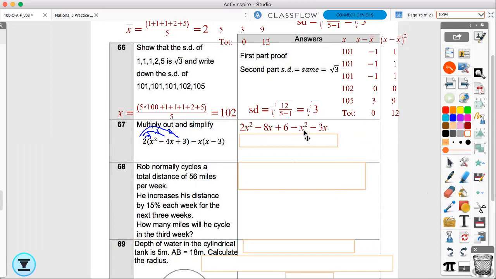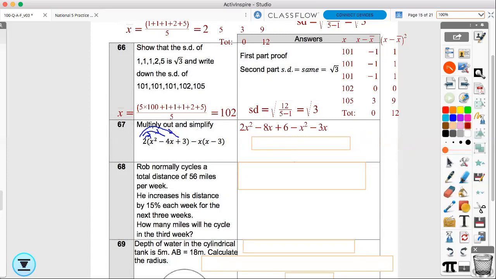-9x. And then after multiplying out, we need to simplify. So that's going to be the third mark. So 2x squared minus x squared. So you group the likes, that is x squared. Minus 8x, minus 3x, that's minus 11x. Ooh, that's plus 3. I made a mistake.